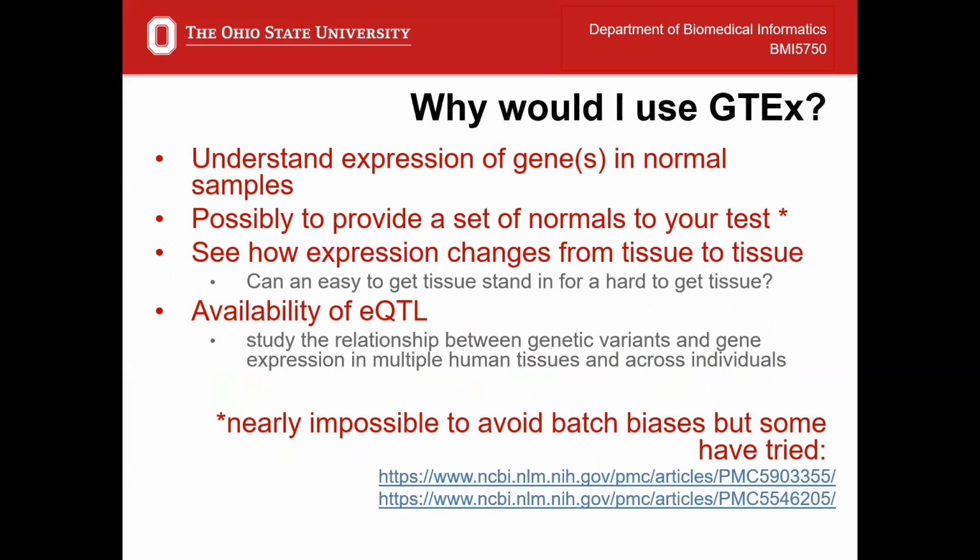So why would you want to use data from GTEx? If you want to understand expression of a gene or a small number of genes in normal tissue, if you want to understand how this expression changes from tissue to tissue, or if you want to make a justification for wanting to study your gene in a very specific tissue of interest compared to taking a blood sample and looking at the expression in that tissue.